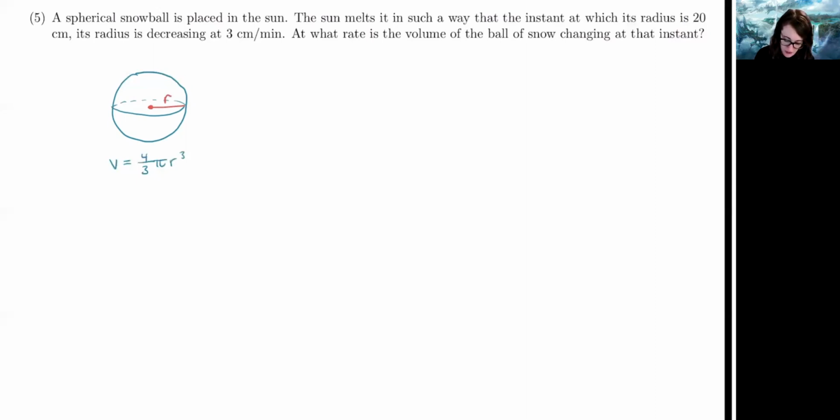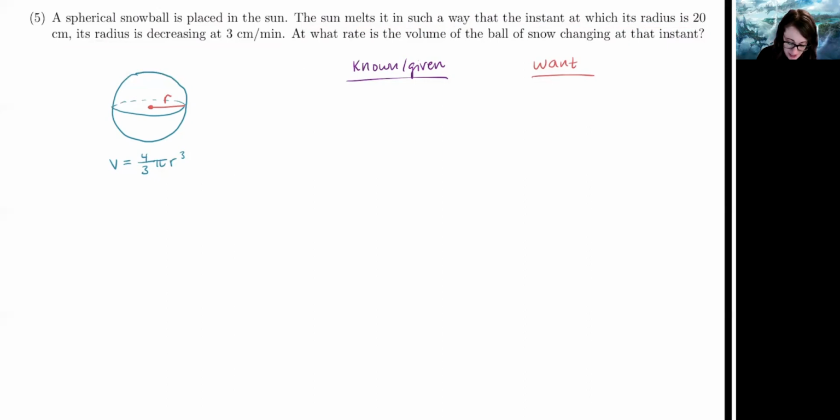Okay, so let's make a column of things that we know, or the things that are given, and then also a column of things that we want. So we know that the sun melts it in such a way that the instant at which its radius is 20 centimeters, its radius is decreasing at 3 centimeters per minute.